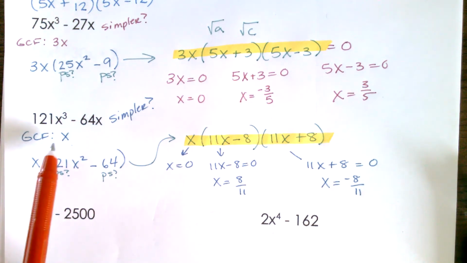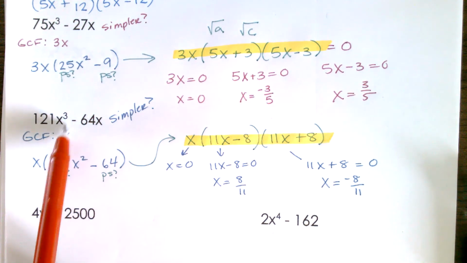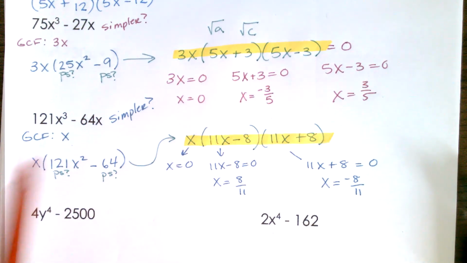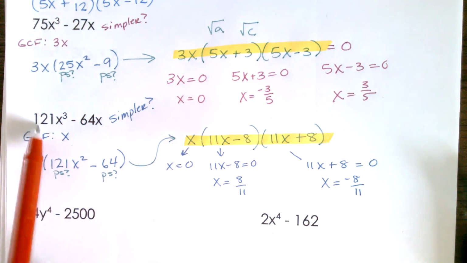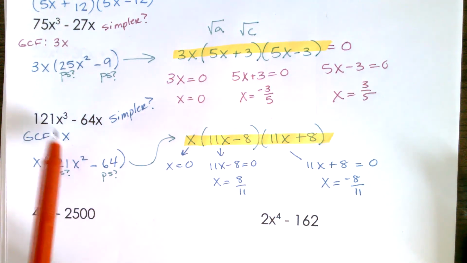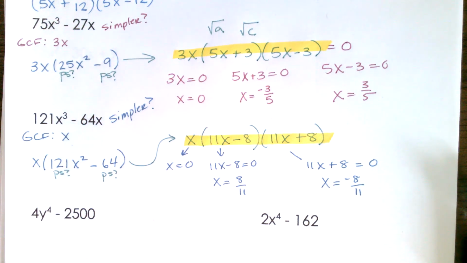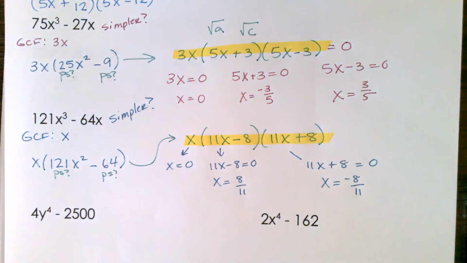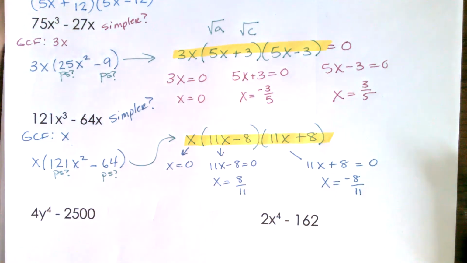Same thing here. Did you notice the only thing I could take out was an x? If you do not factor out the x, you do not have a perfect square here. X cubed is not a perfect square. Take a moment, compare your answers to mine, give the video a pause if you need to review, or go ahead and rewind. It doesn't hurt to watch it again.